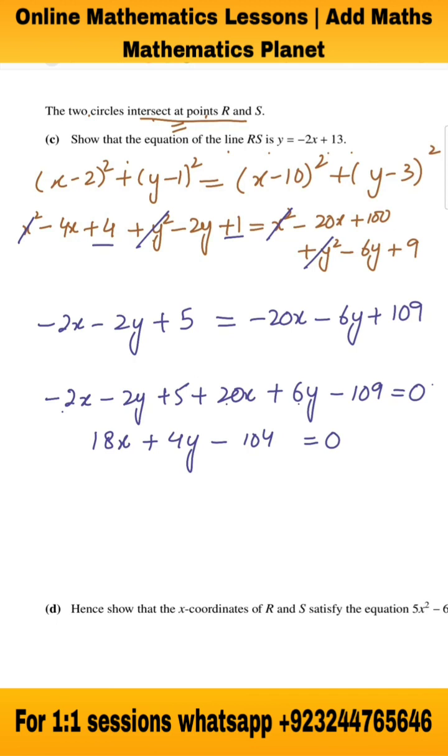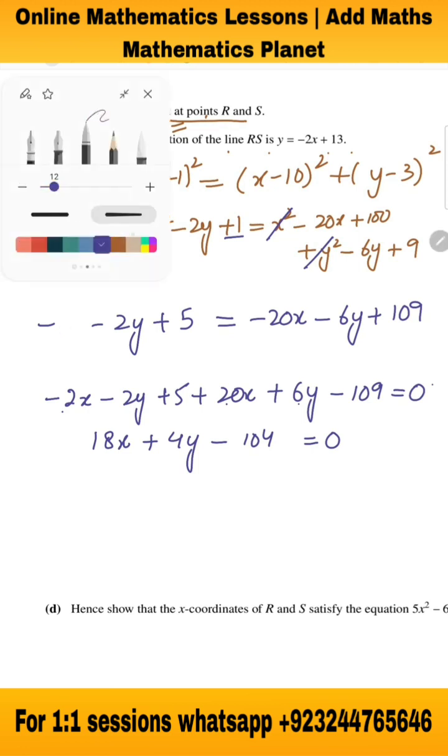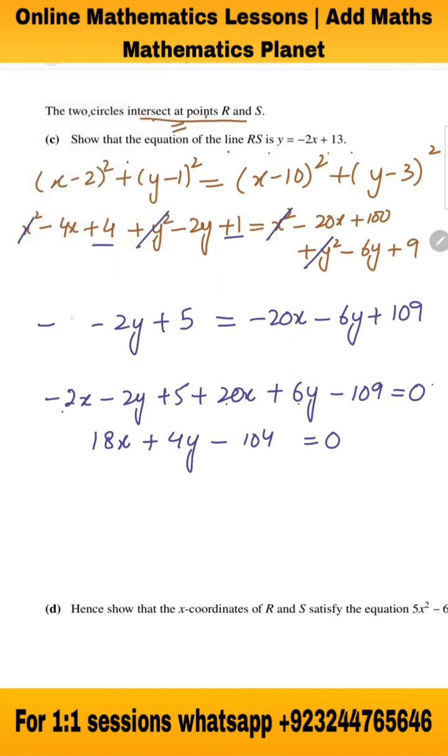Okay, so here it would be minus 4x minus 2y plus 5 minus 20x minus 6y plus 109.